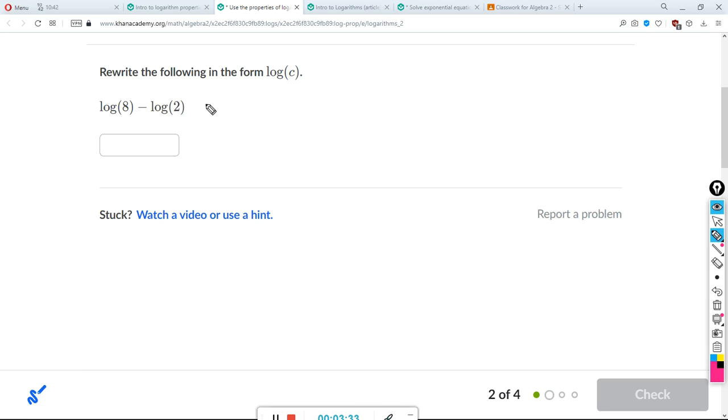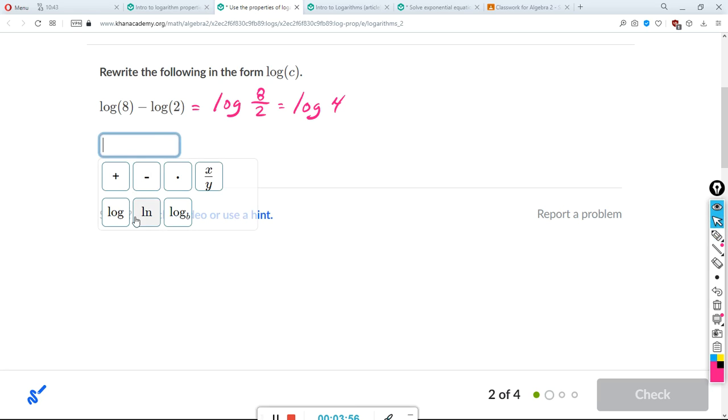Here, since we're subtracting, this is the same as the log of 8 divided by 2. Of course 8 divided by 2 is just 4, so it's the same as the log of 4. So just click log and type 4.